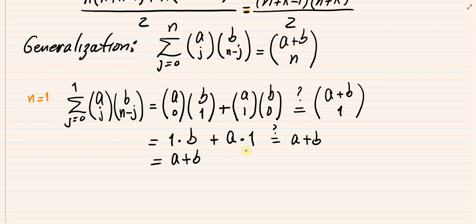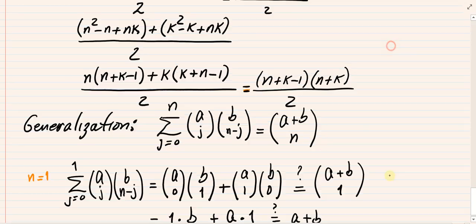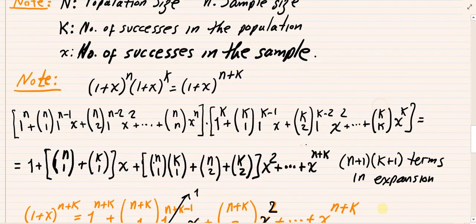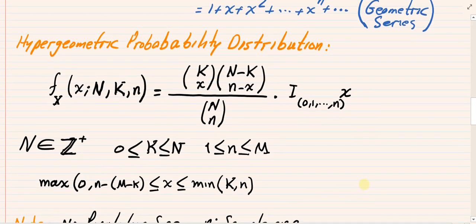You can do the same thing for higher n values. Now, why are we doing this? Let's actually now try to find the expected value, or the mean, of a hypergeometric distribution. Let me go back and look at the parameterization of my distribution.